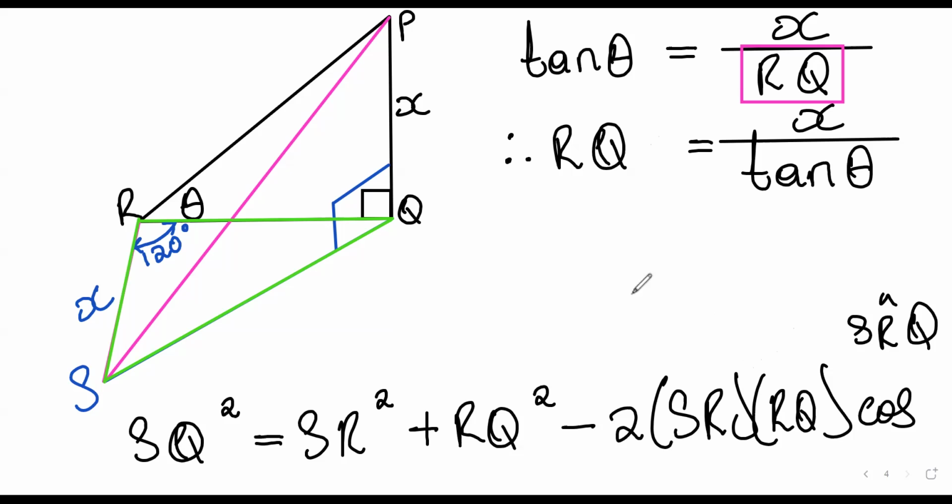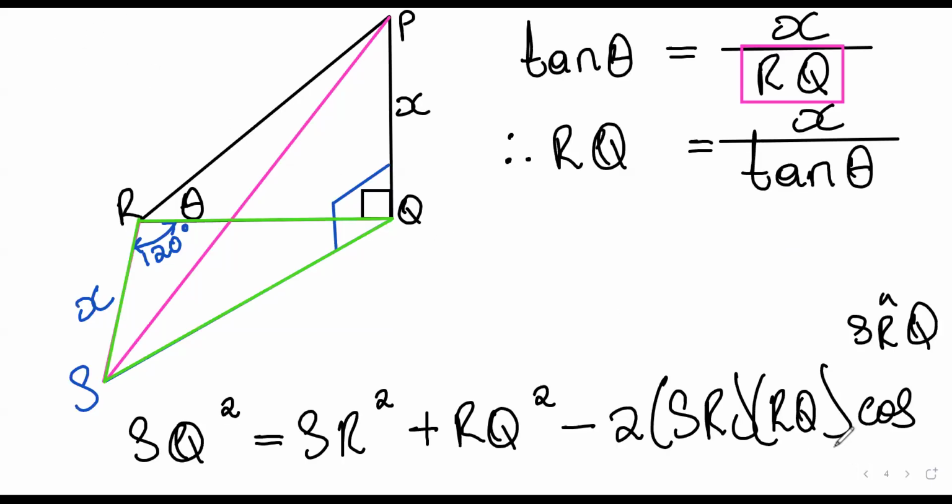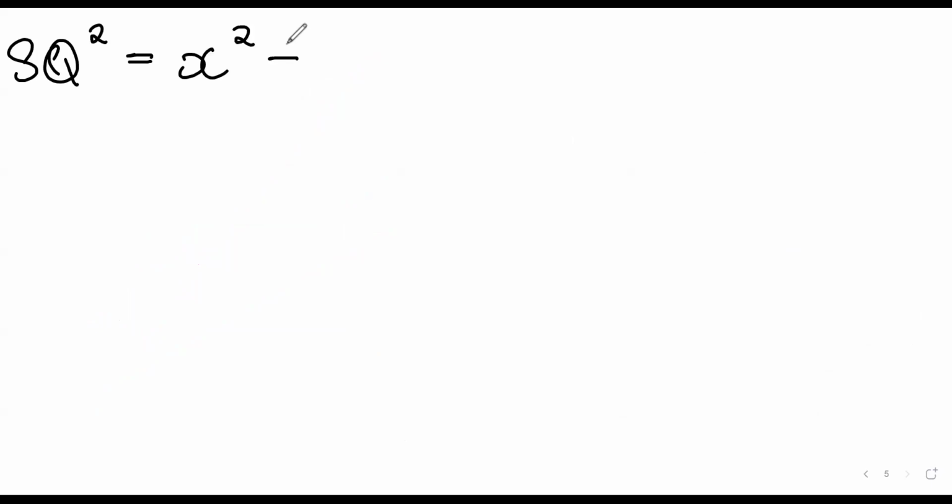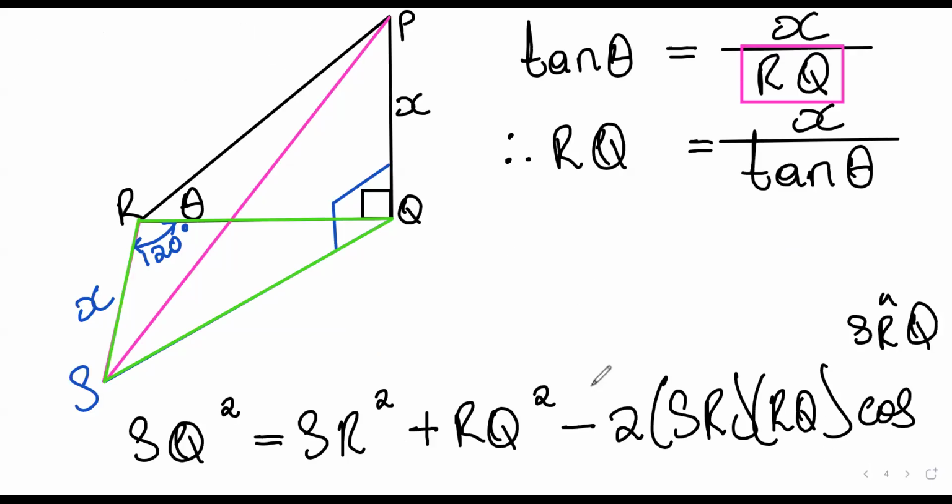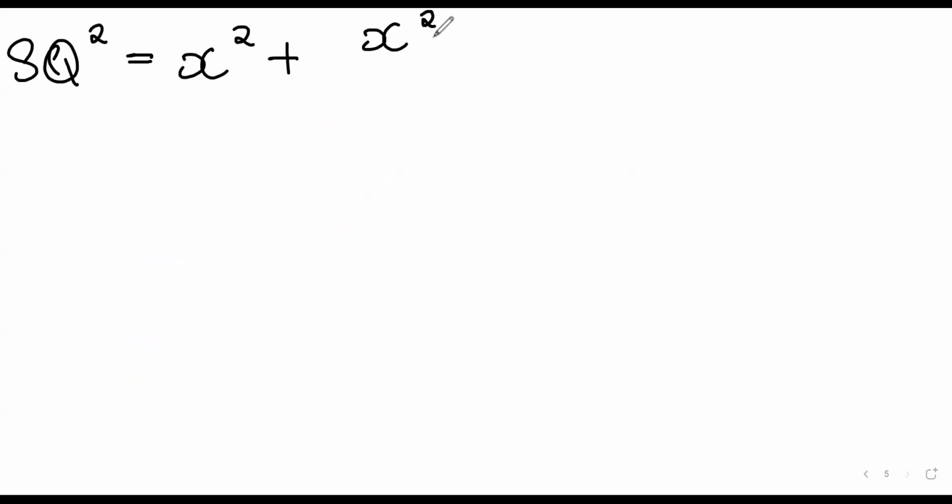All right. So what? Well, easy. We just need to substitute. So now we have our SQ squared. And we can say, but what is SR squared? Well, it's just going to be x squared. Then we come back and say, but what is RQ squared? We just need to square that. So when you square the x in the numerator, you get x squared.